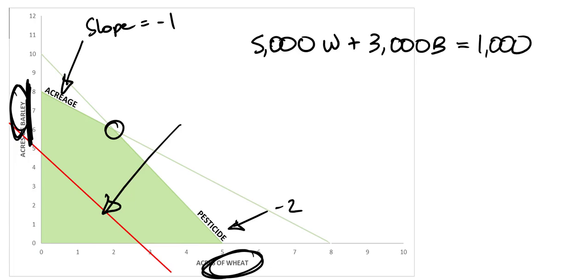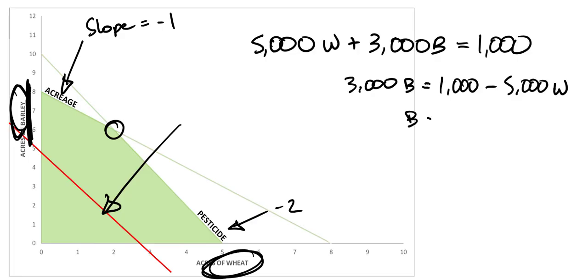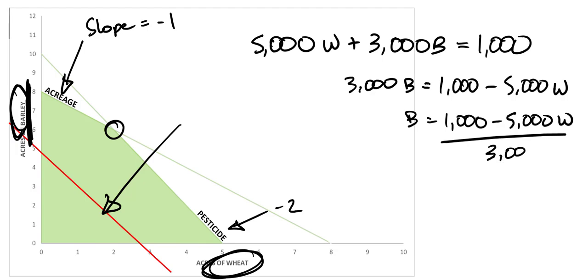So again, doing a little algebra, 3,000 b would be equal to 1,000 minus 5,000 w. And now dividing the 3,000 to the other side, I could do the entire side, which I'll do at first this time. We would end up with the entire side divided by 3,000.